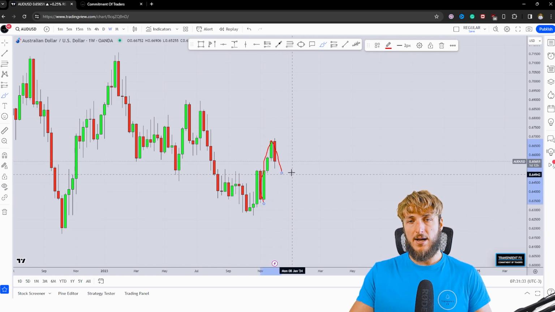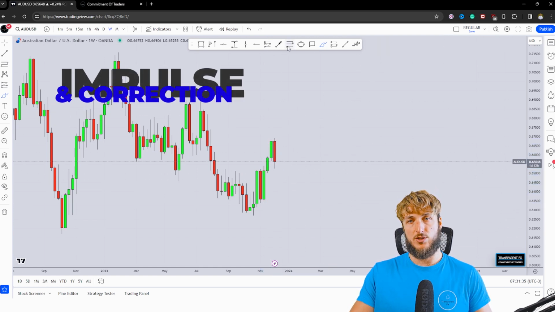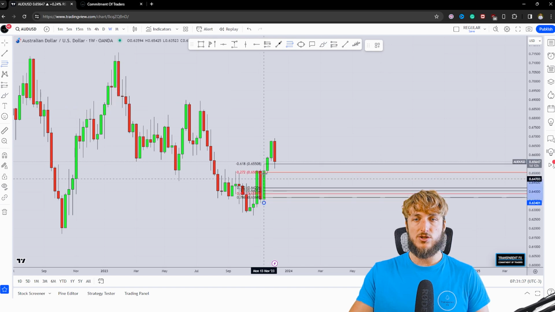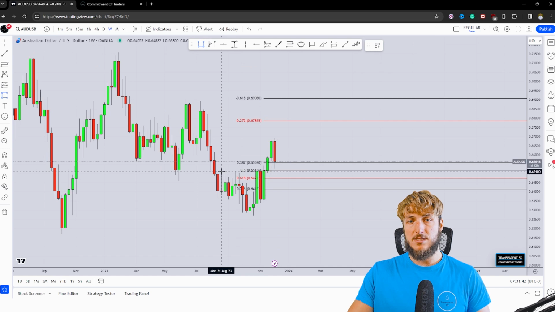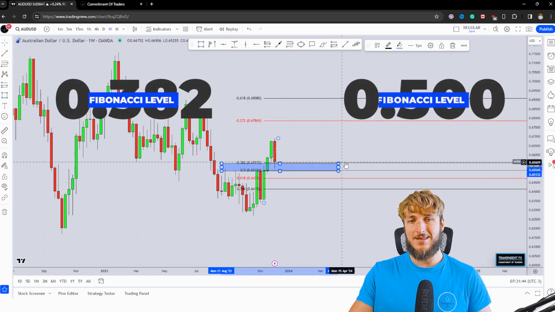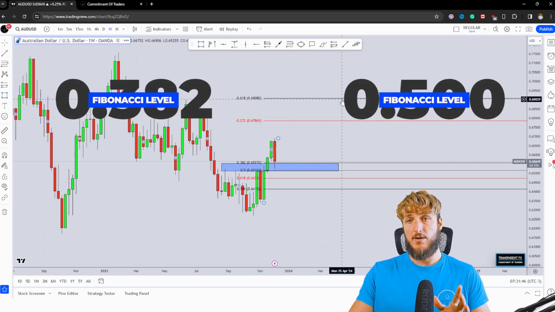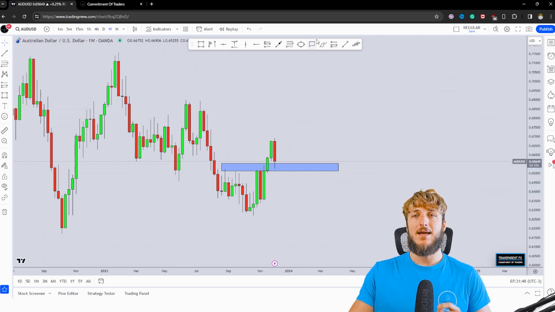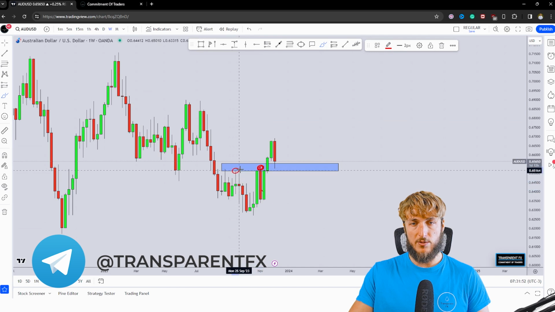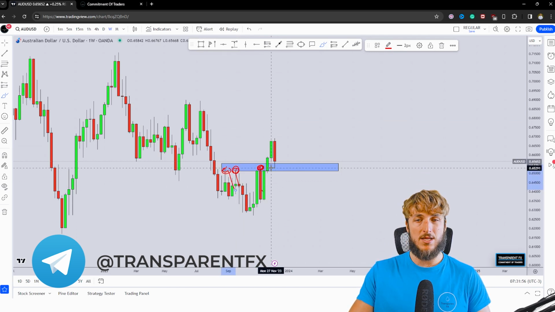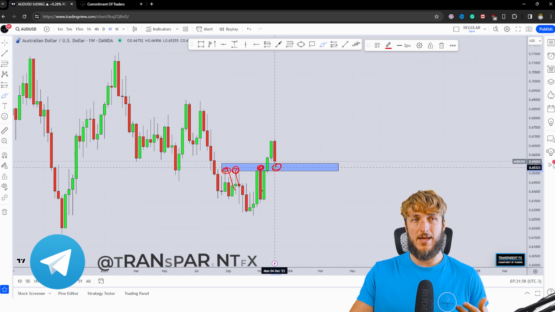And in general, after an impulse, if you want to measure the correction, you have to take your Fibonacci from the low to the high of the impulse candle. And if we do that, we can see how we have the 50% and 0.382 Fibonacci retracements lining up exactly with this previous level of weekly resistance from which all these previous rejections to the downside were created, which is now turned support at this zone.